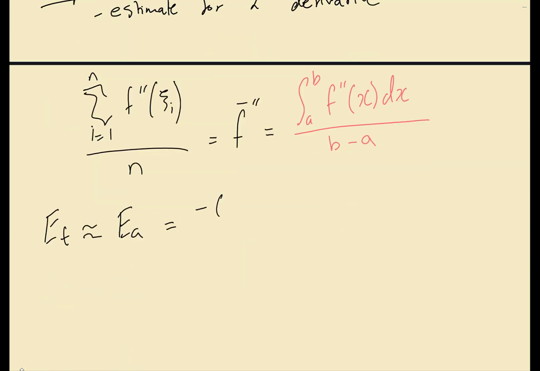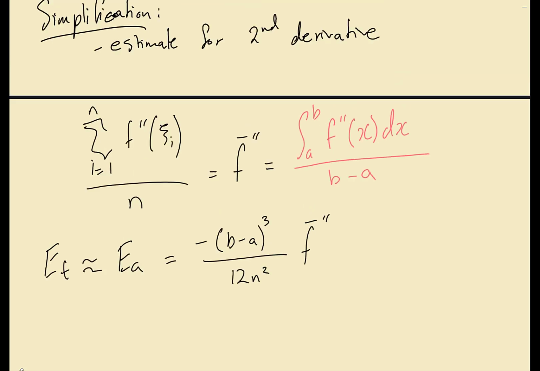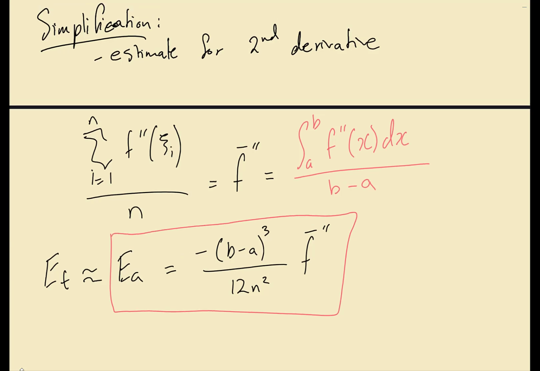So we have minus (b minus a) cubed divided by 12 n squared times f'' average. We're going to be using this equation in the problem that we're going to do right now.